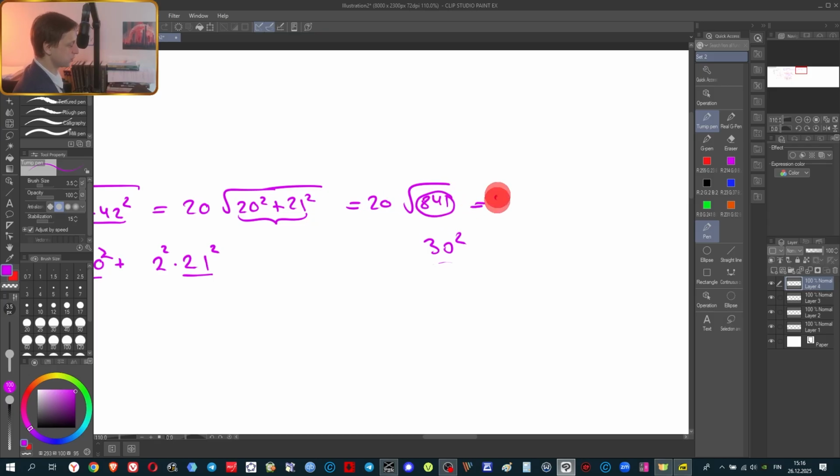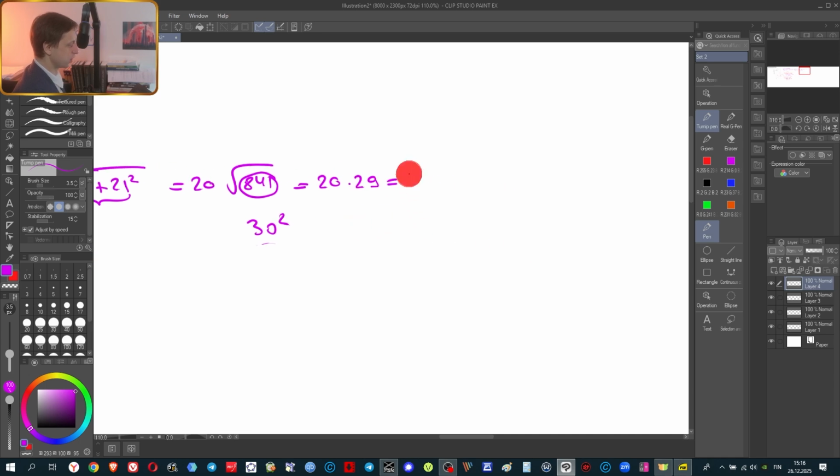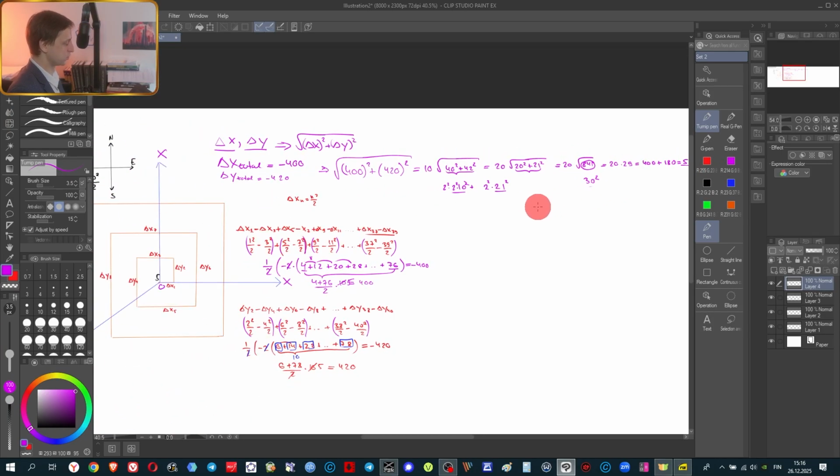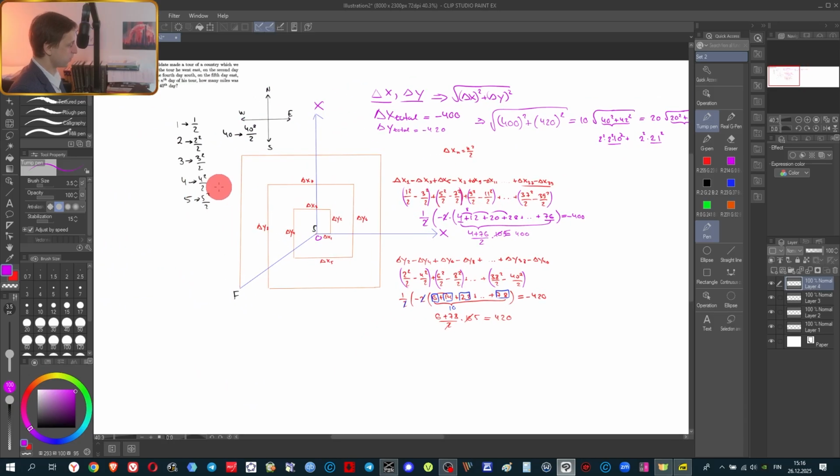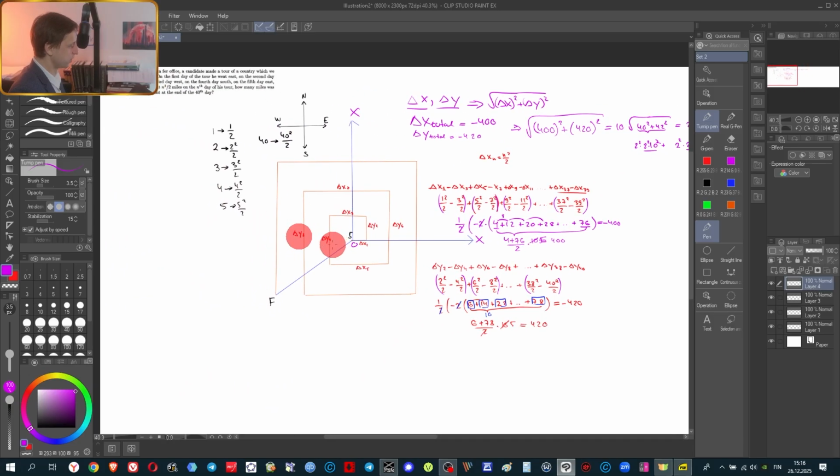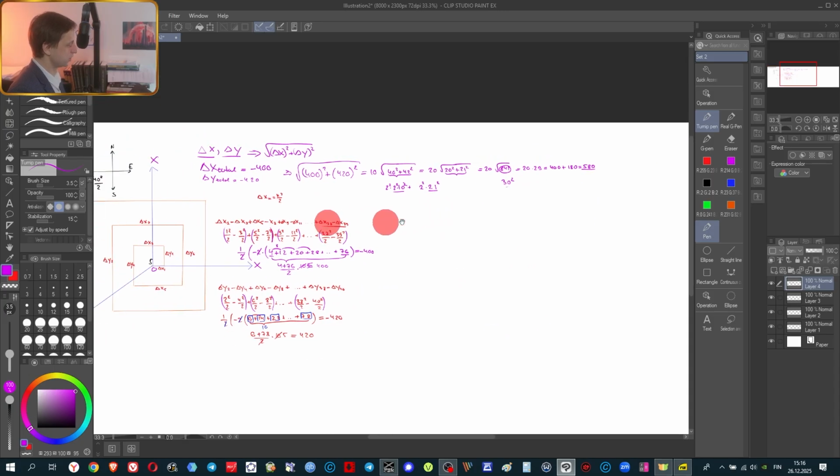So this one will look like 20 times 29, which is 400, plus 9 times 20, plus 180, so the total distance is 580. So the right answer for this problem is that at the end of the 40th day, the traveler or the candidate will be at a distance of 580 miles from its initial position.